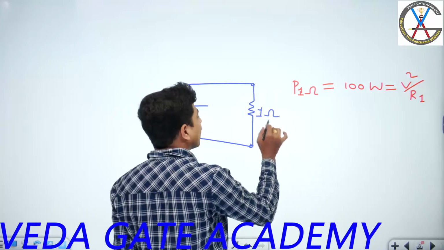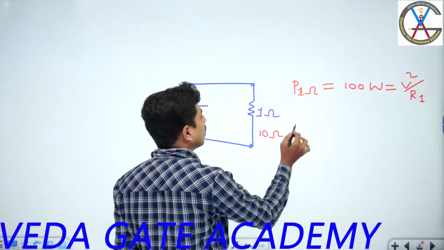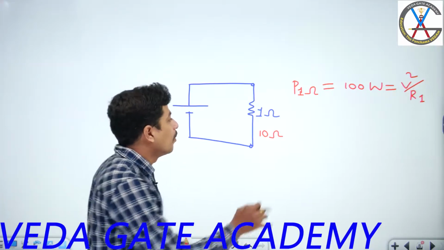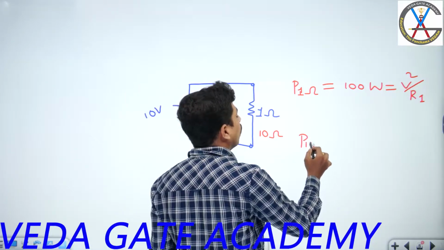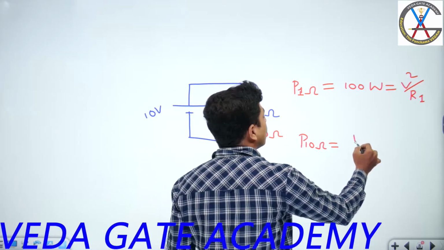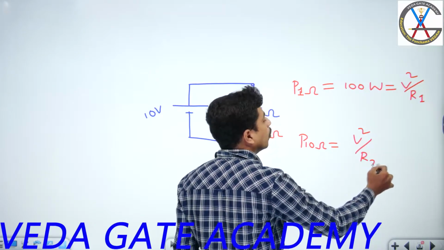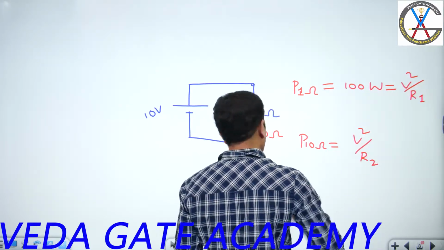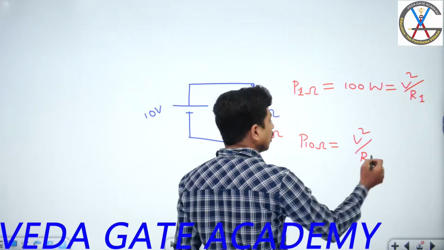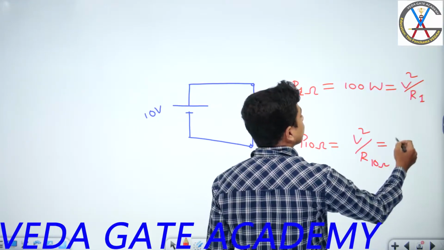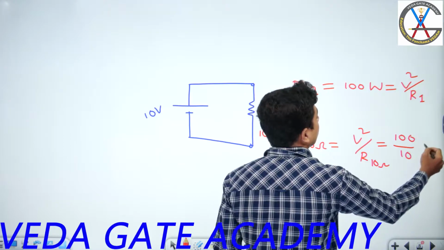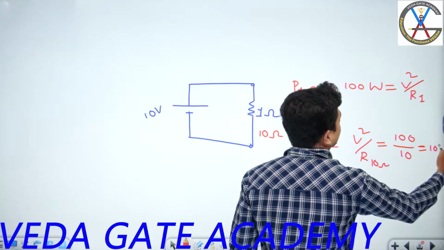Second one, I'm taking 10 ohms. How much is P for 10 ohms? V square by R10. V square is 100 by 10. How much is it? 10 watts.